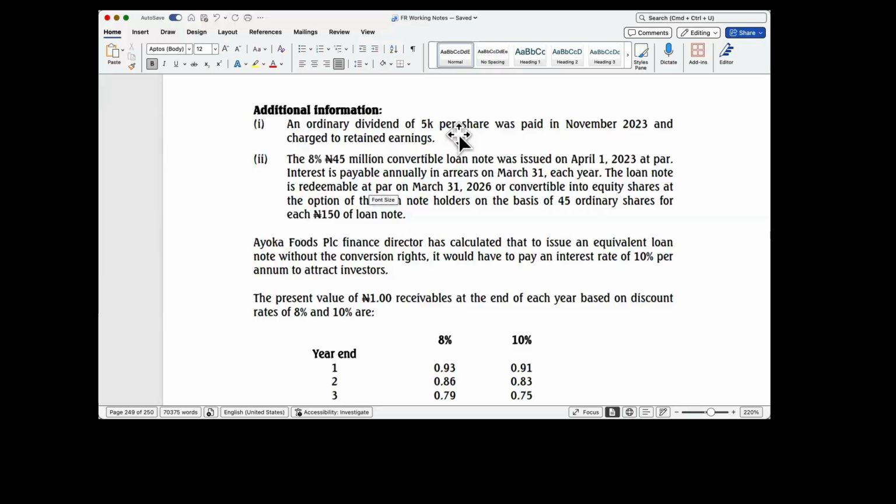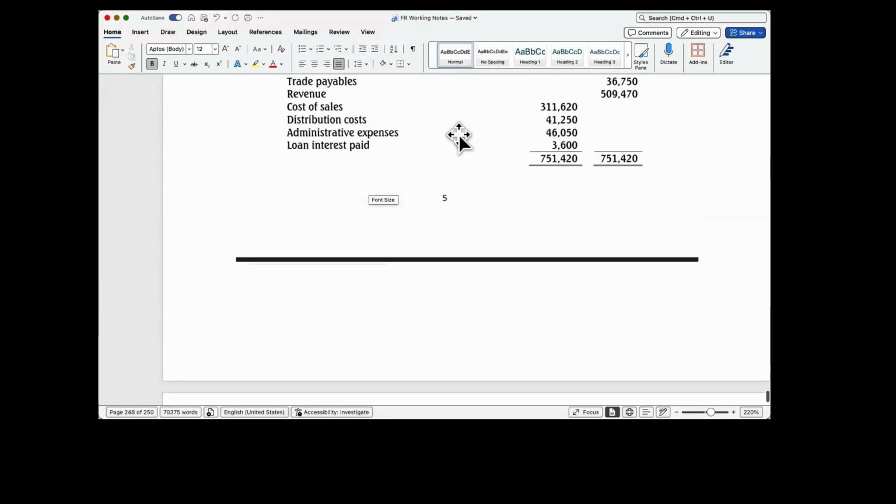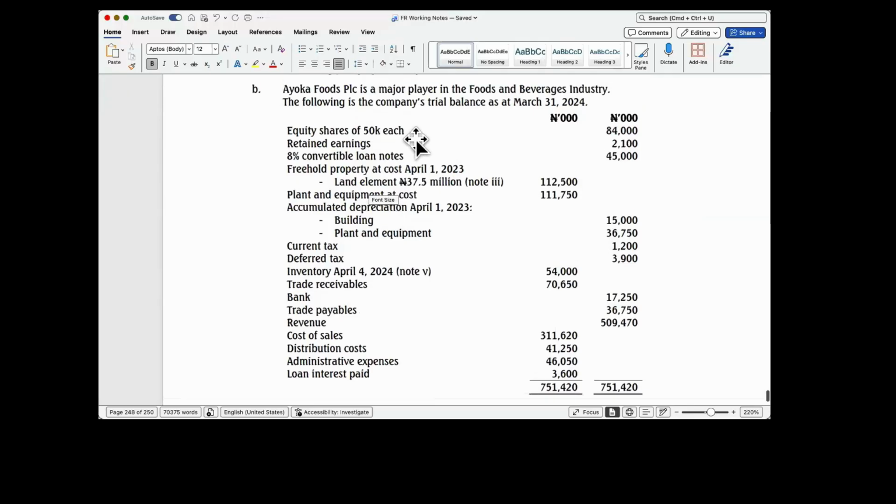So what you need to do here is this. They should not charge it to retained earnings. This 2,100 should be my opening retained earnings.